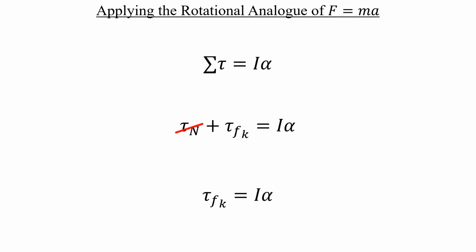We should break both sides down using their definitions, but there's a problem. We have no idea what alpha is right now. All we have are the number of revolutions before coming to a stop and the initial and final angular speeds. So here's what I'm going to recommend.